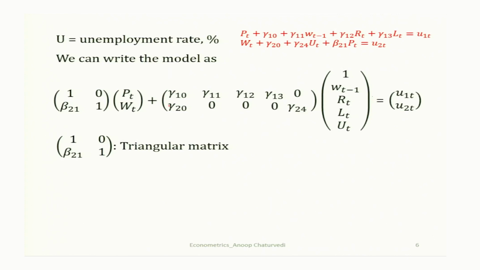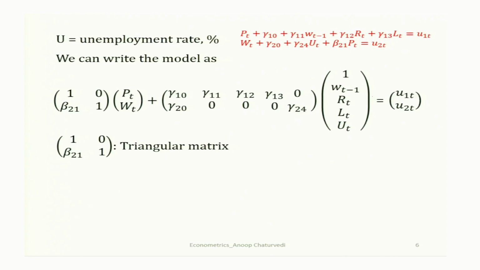Plus, then you have gamma coefficients here, say gamma 1 0, gamma 1 1, gamma 1 2, gamma 1 3, and then the coefficient corresponding to U t is 0 here, and then you have gamma 2 0, 0, 0, 0, gamma 2 4, times 1 W t minus 1 R t L t U t, equal to U 1 t U 2 t.